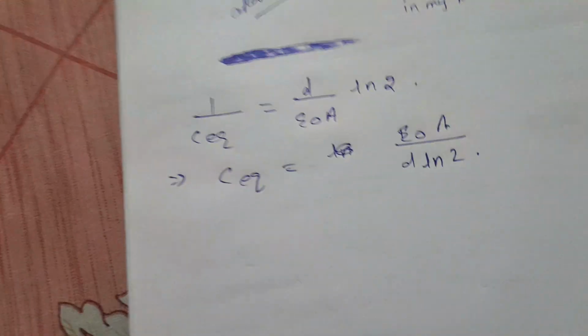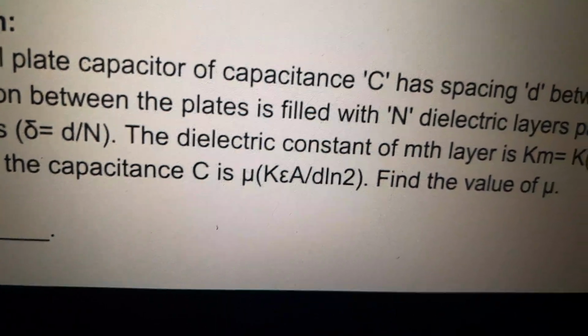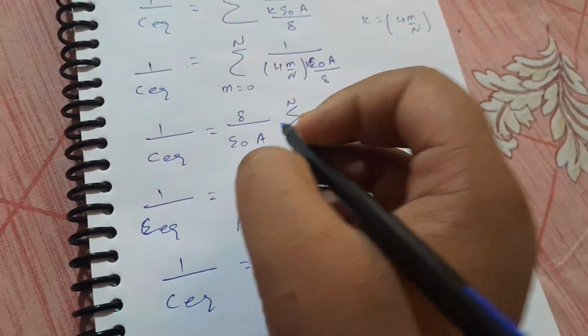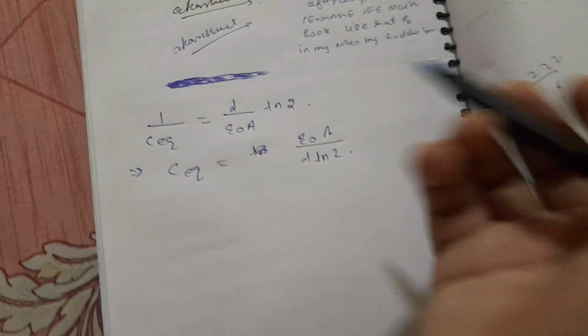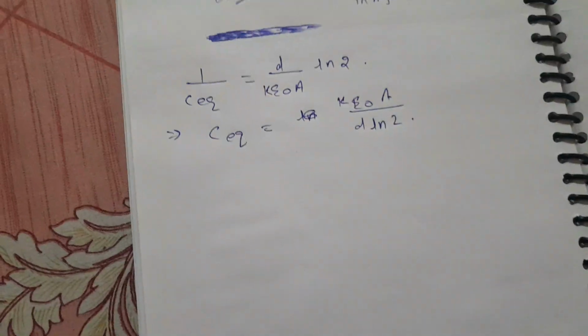And in the question it is given that C is equal to mu K epsilon naught A by D ln 2. Sorry, we forgot here, there should be K, so we will take account of K. We will manage K outside, and eventually K and K will come up as K epsilon naught A by D ln 2.